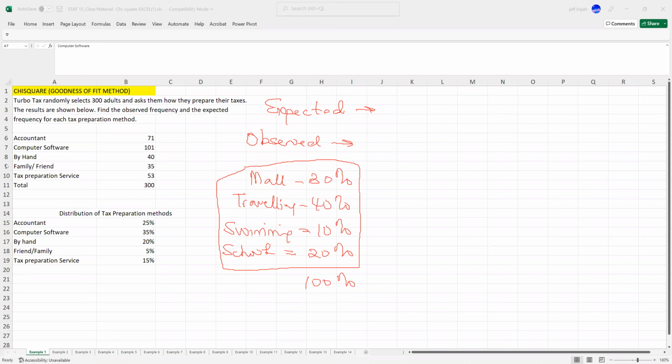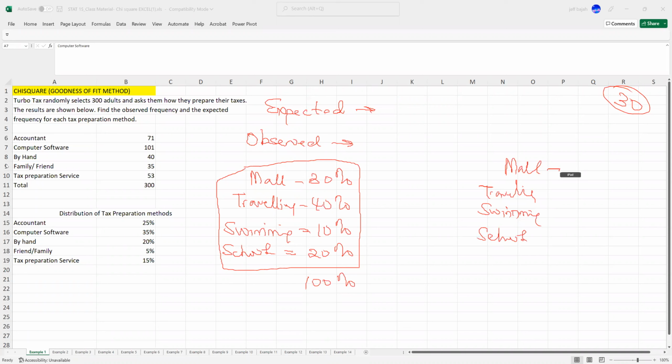Now, let's assume that I just want to test to see if this is true. And so what I'll do is I'll go to a place where I can see students, and I ask them, okay, tell me, what is your favorite thing to do? And let's say I have 30 students, and I give them options: mall, traveling, swimming, school.